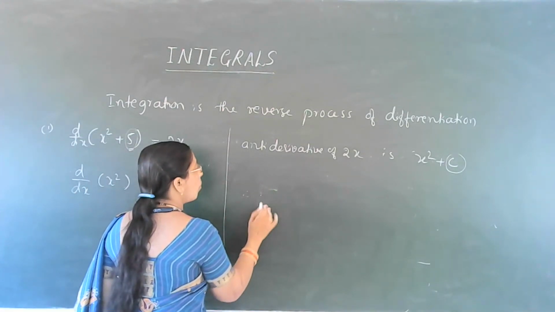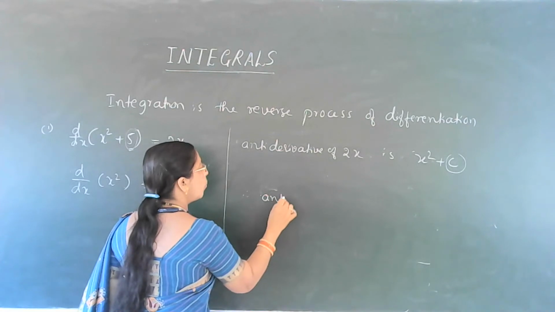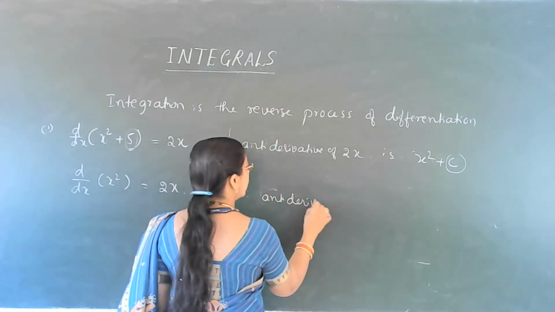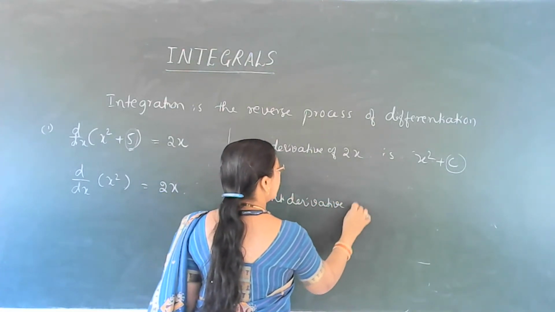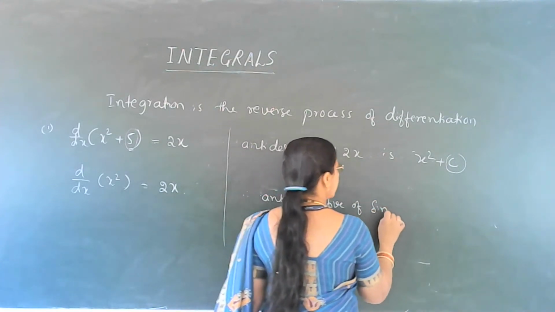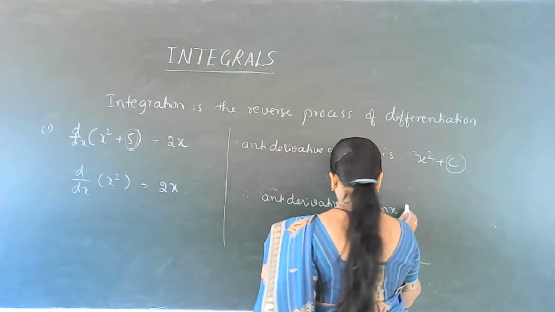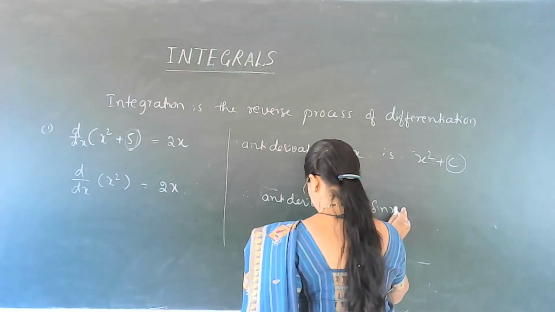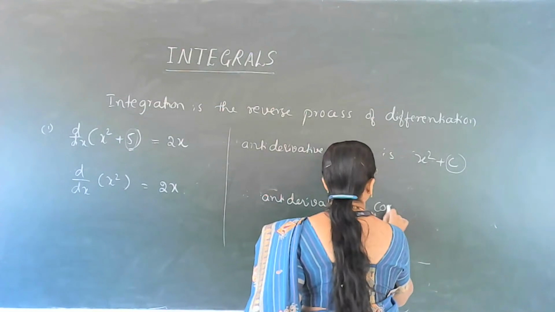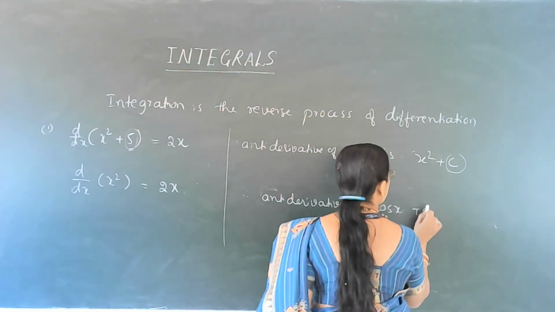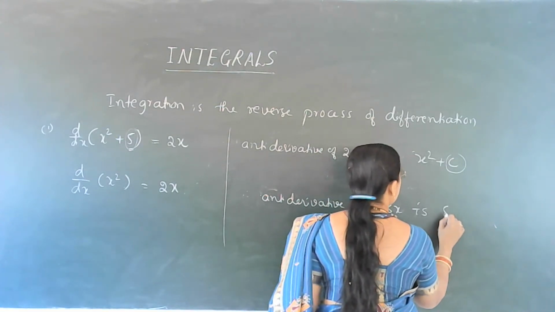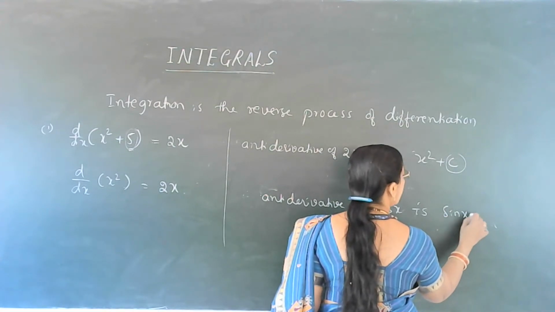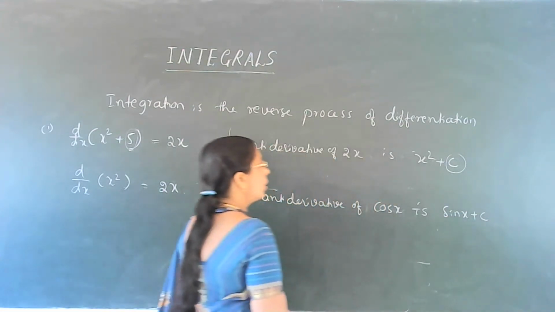Therefore, the antiderivative of cos x is sin x plus c.